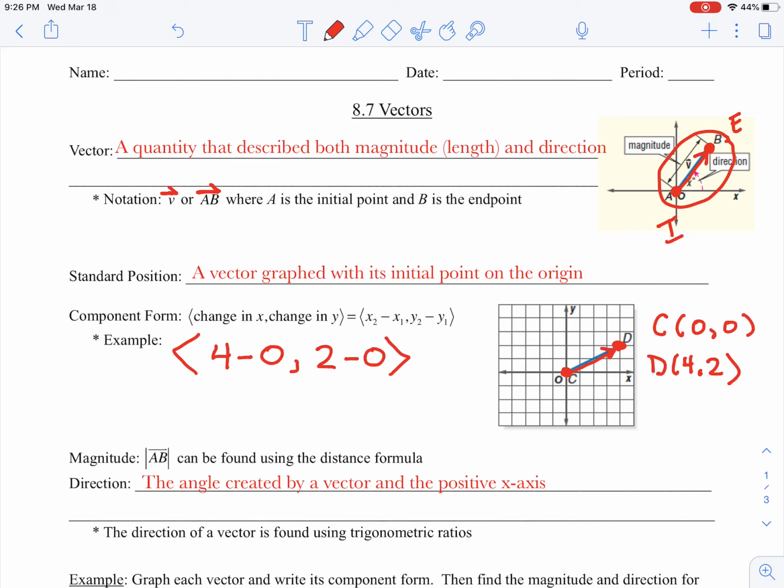Okay, be careful here because the order is definitely important. It has to be terminal point minus initial point. To write this vector in component form, it would look like this. So here's our vector notation for CD equals, and its component form is 4, 2 inside of these pointed brackets.